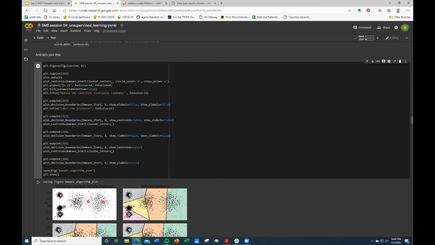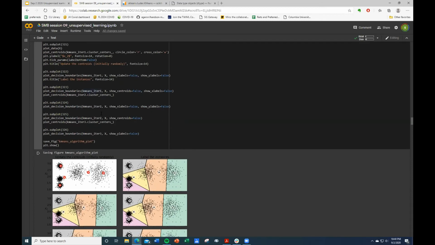This one, we're plotting it again. This is iteration 1. So this is iteration 1, this is iteration 1, this is iteration 2 and iteration 2, and the last one is iteration 3. So I think that possibly this could be kind of duplicated. To me, this looks like it moved.